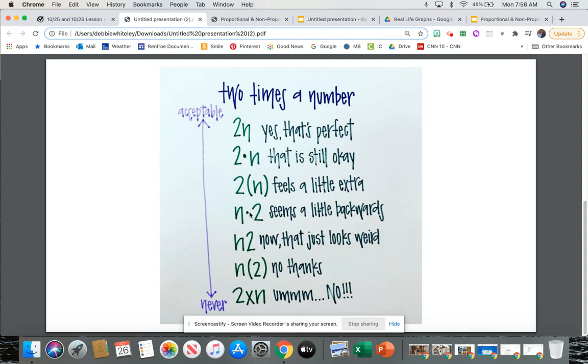And times 2 using the dot, sometimes we use the dot for a multiplication symbol. That does seem a little strange, especially since in algebra we put the number in front and the variable behind. So there's the number in front again. And this X in algebra could mean the letter X. It could represent a variable, so that would not work.